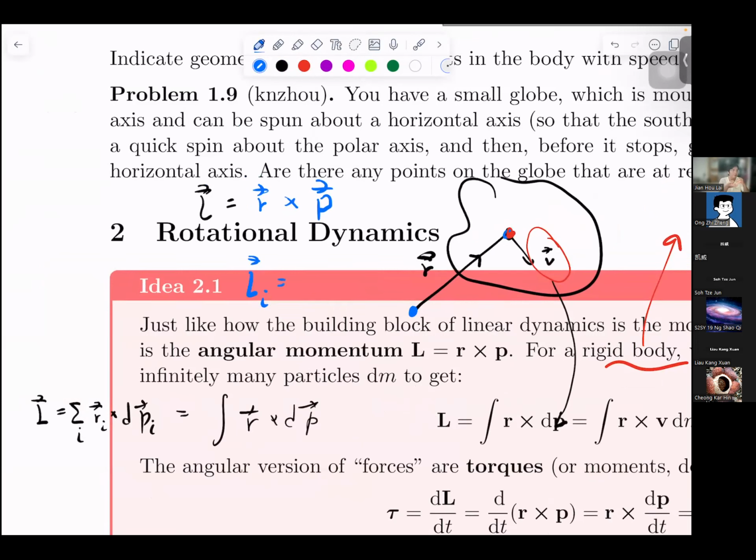The rigid body is just a collection of many point masses.